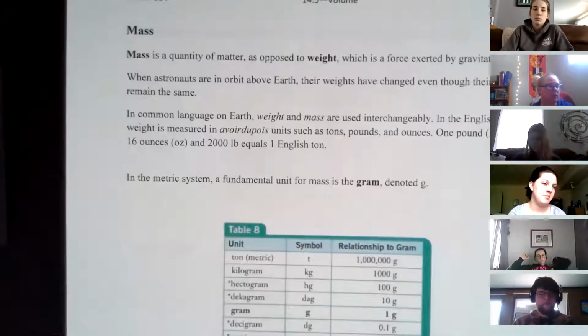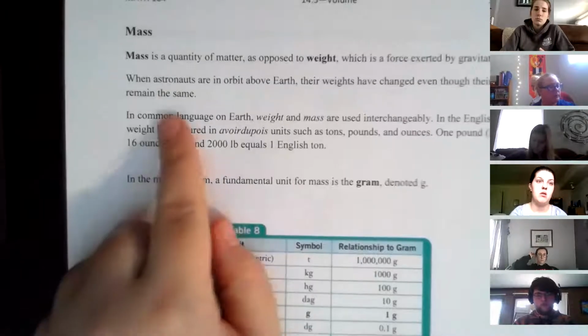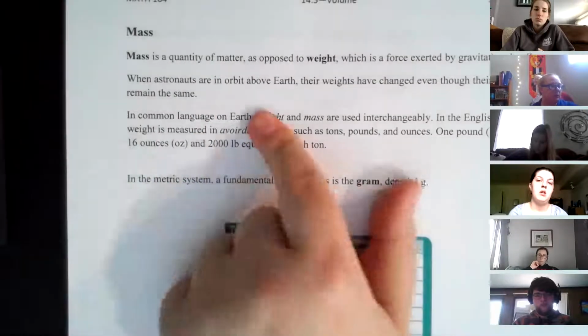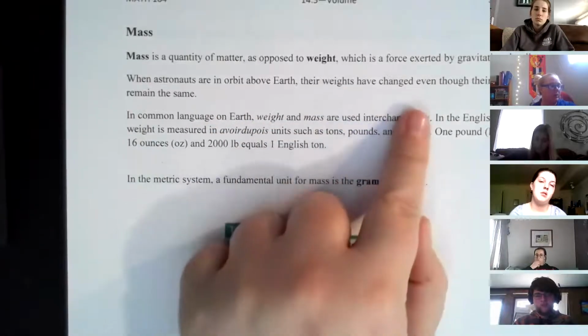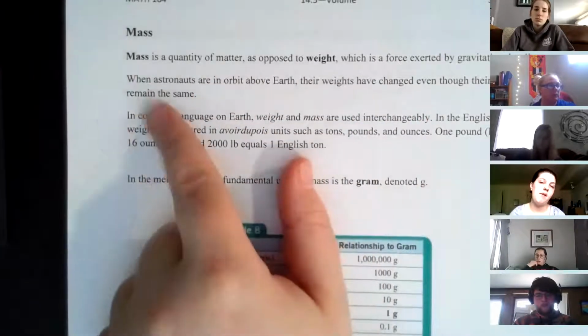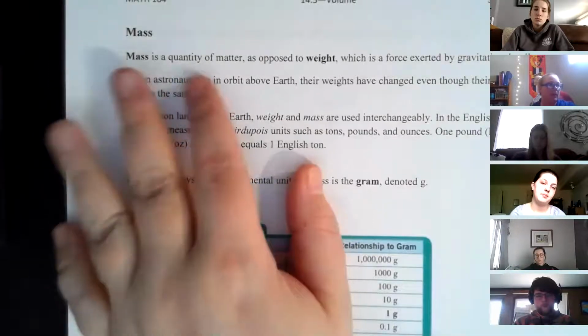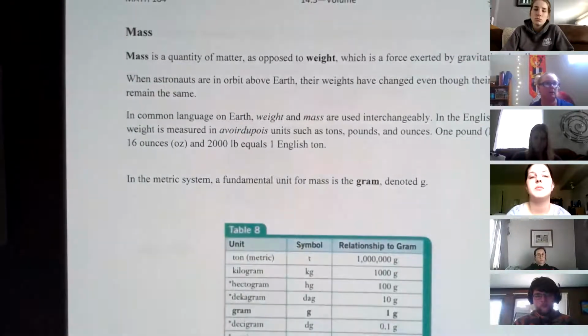So mass is a quantity of matter as opposed to weight, which is an external force exerted by gravity. So when astronauts orbit Earth, their weights are going to change even though their masses remain the same. Mass represents a quantity of the matter, but the weight is how much force is exerted on you.